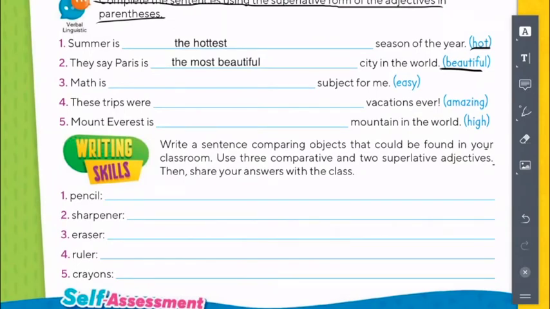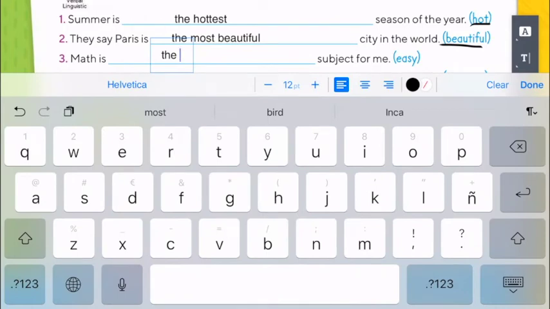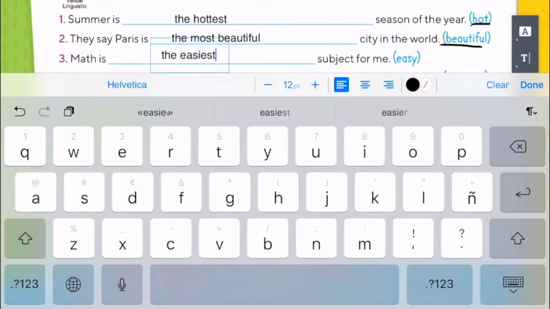Number 3, math is the subject for me. And we have easy. So it's the easiest or the most easy? The easiest. It has only 2 syllables. The easiest. Good.